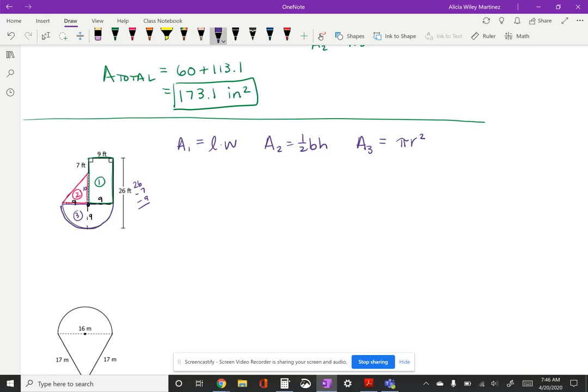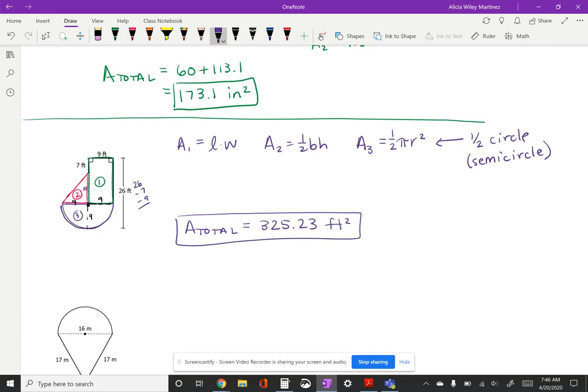So if you're going to do half of a circle, it's 1/2, because it's a half circle, or we could call it a semicircle. Okay, so you would find the area of each one of those, and then your total area is going to be 325.23 feet squared.